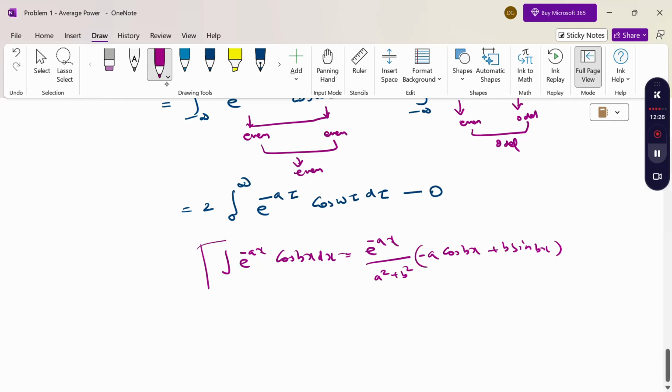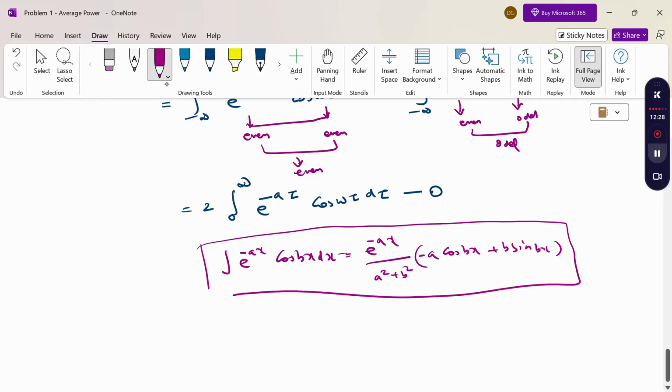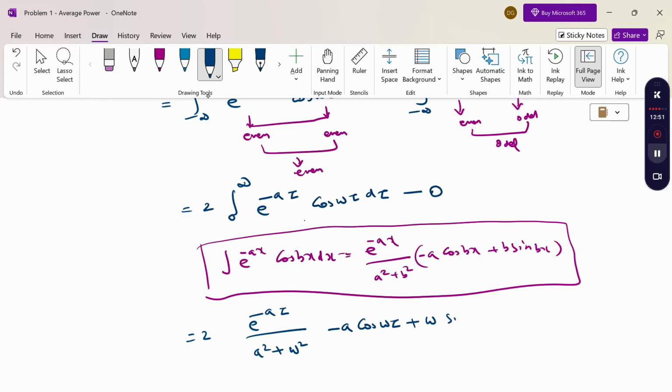Now use this formula to integrate. Therefore, 2 times e power minus a tau/(a square + omega square) times (minus a cos omega tau + omega sin omega tau), with limits 0 to infinity.